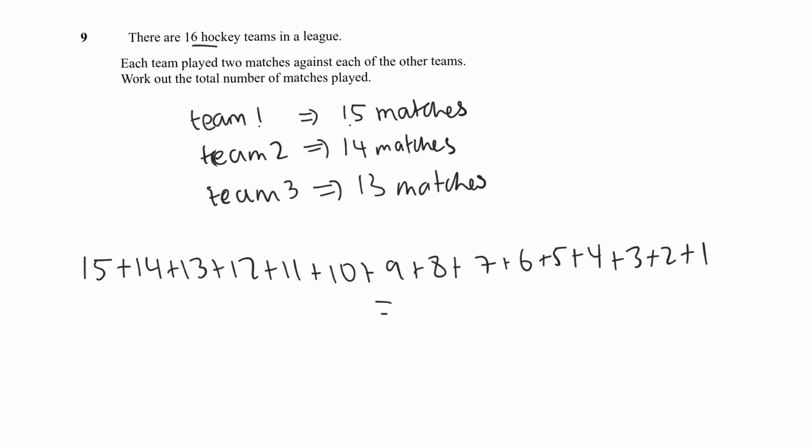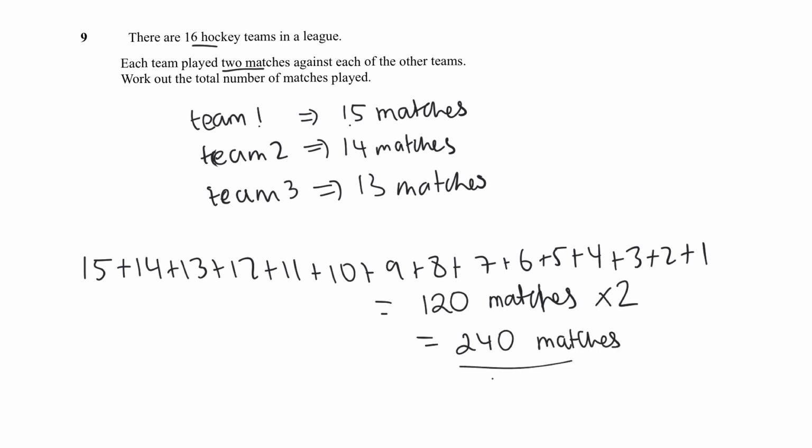And by adding that all together into your calculator, you would get 120 matches in total for every team to play each other at least once. But because they're playing 2 matches against each other, you're going to have that happen again. So just multiply that by 2 in your calculator, and that would leave you with 240 matches in total.